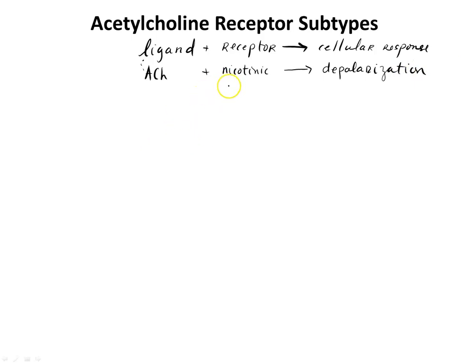Now, acetylcholine can also bind to a receptor subtype called the muscarinic receptor subtype, of which there are two. If I say muscarinic with a sub H here, this H stands for hyperpolarize. So I can have a hyperpolarization, but I can also have another muscarinic subtype.